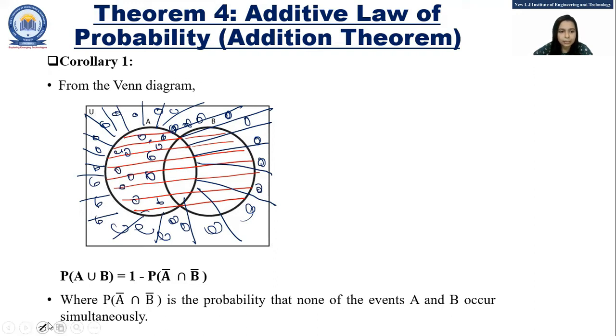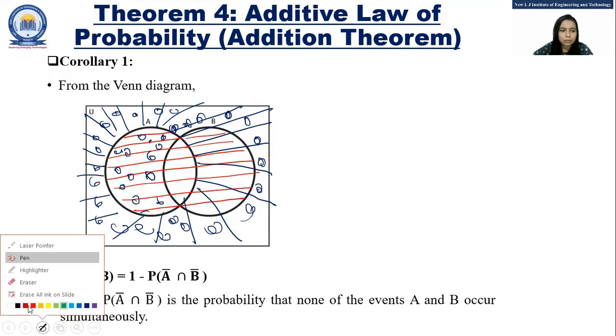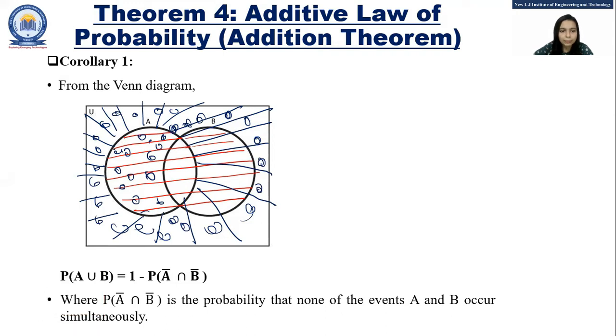That intersection I'm going to represent with some other color, so for that I'm using black. So what is the intersection for this? Now if you do 1 minus this whole black shaded part, you will get A union B.